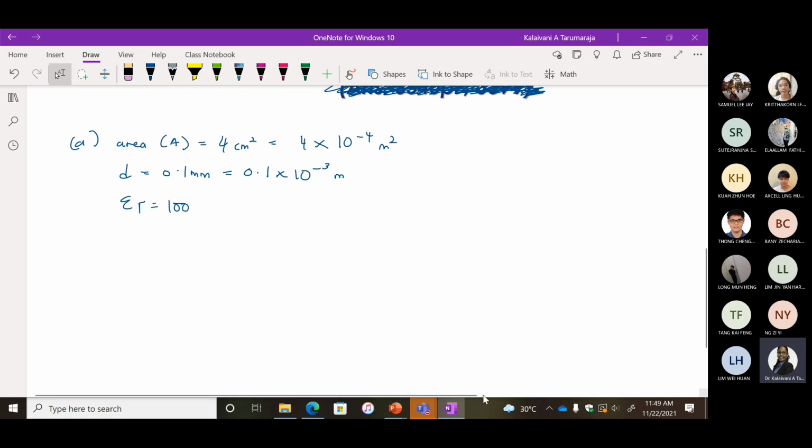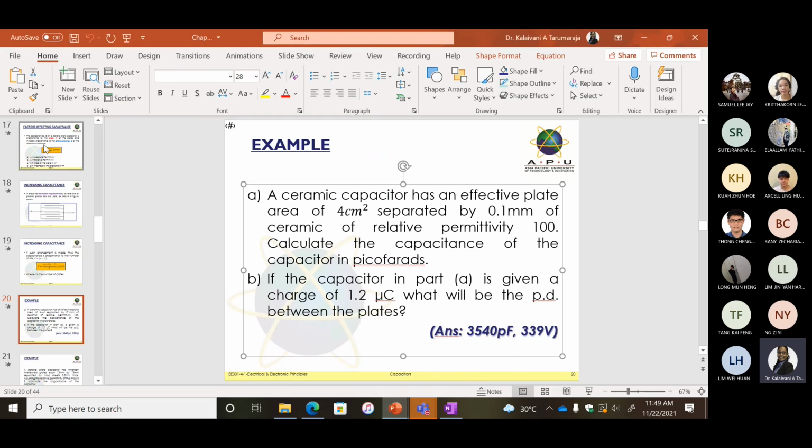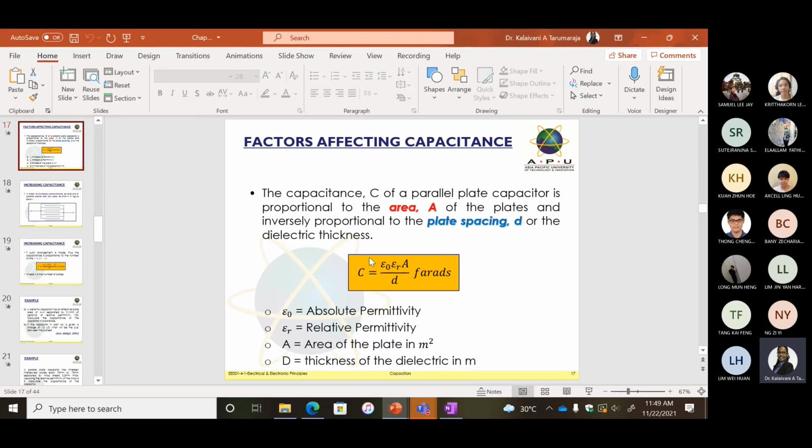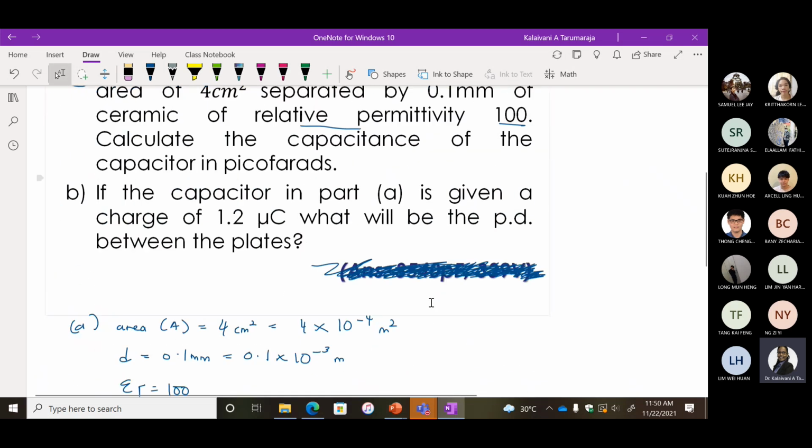When we refer to the slides, the equation that we need to use is this one. This means C equals absolute permittivity times relative permittivity times area, divided by the distance, so we get the answer in farads.